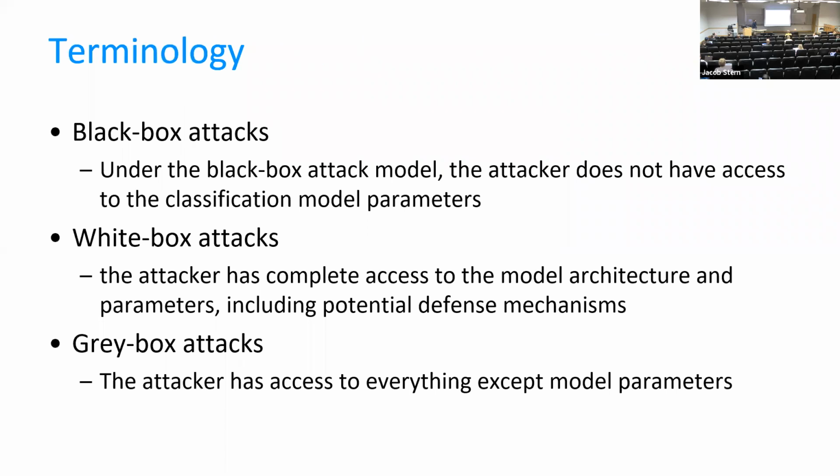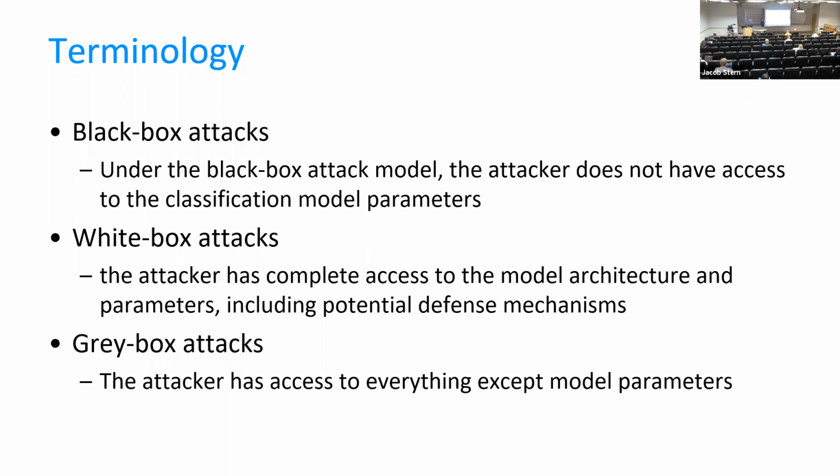Okay. So with that in mind, there also exist tricks that fool neural networks. And they fall under three categories. Black box attacks, where the attacker does not have access to classification model parameters, and does not have access to the inputs or outputs of that model either.